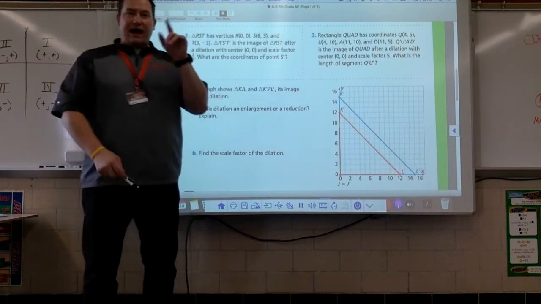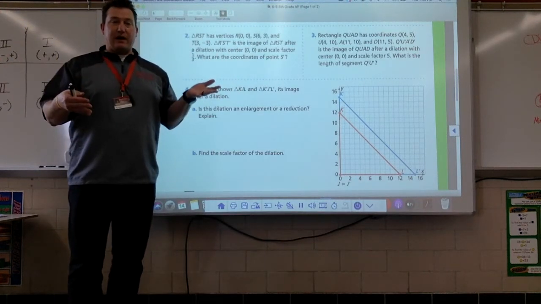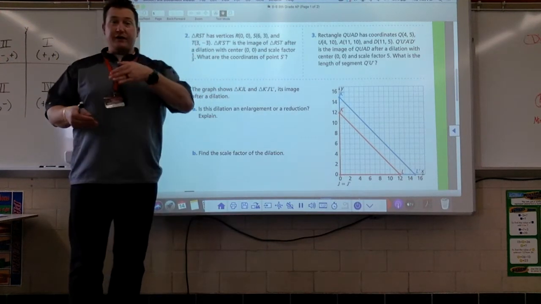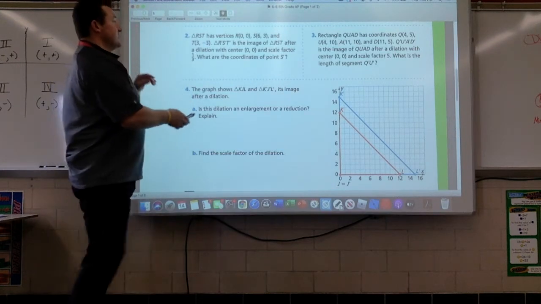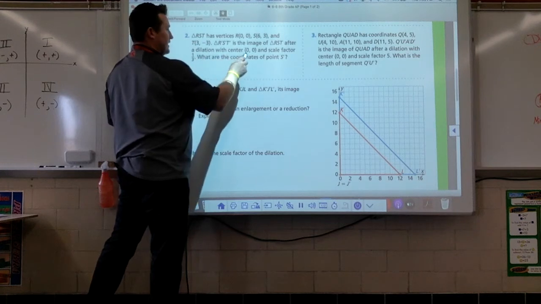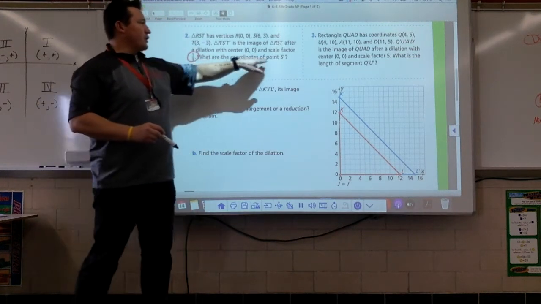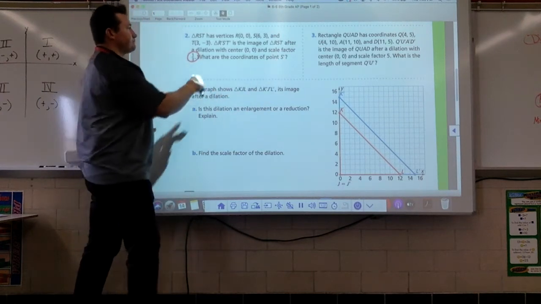Now they're not going to give us a graph on the next two. That's fine because we're just going to multiply the ordered pairs by that scale factor. It tells us here's a triangle, we're going to dilate from the origin with a scale factor of 1/3. What are the coordinates of S prime?